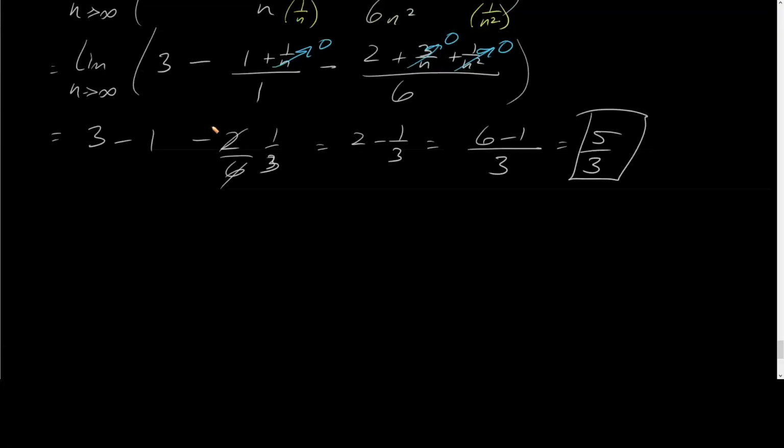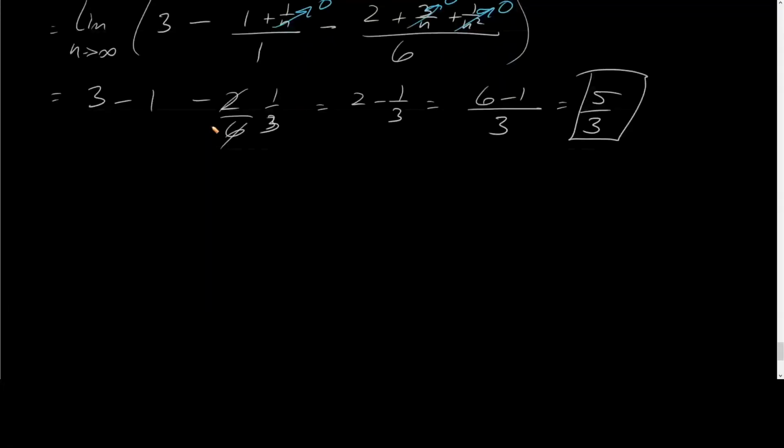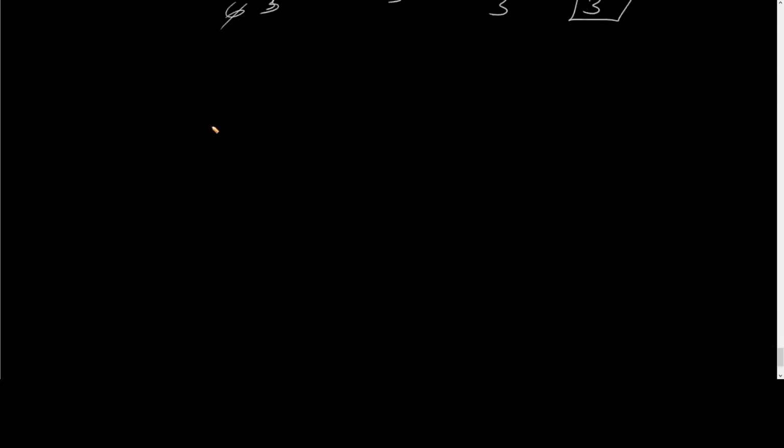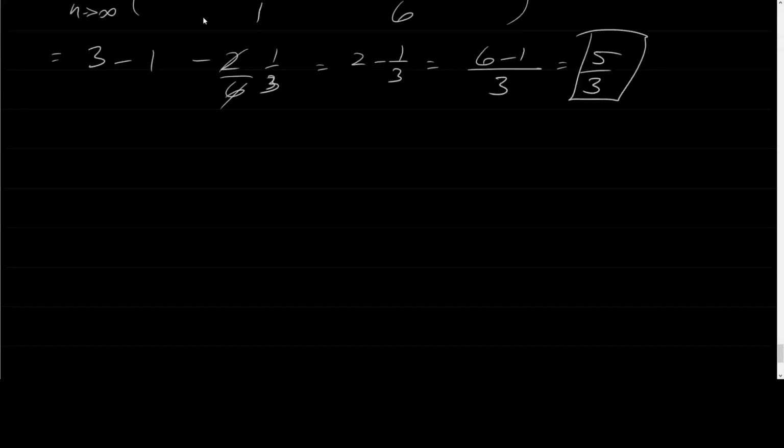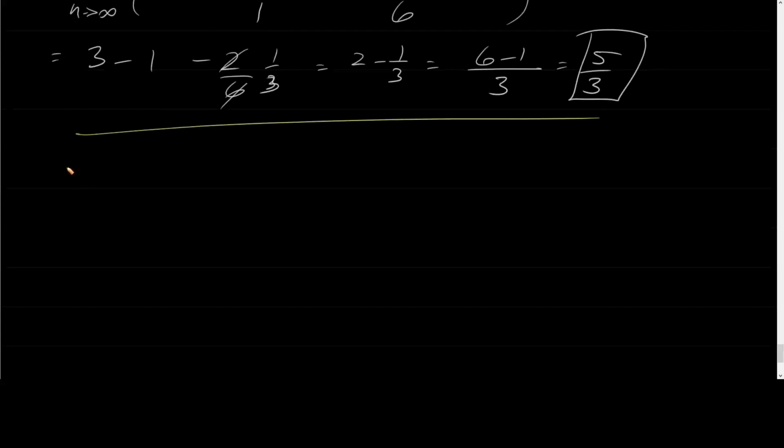Now, I do want to make one last point here before I end this lecture. In general, and perhaps I'll do this in yellow, whenever we're doing the limit as n goes to infinity of the summation from i equals 1 to n of 1 over n times i squared.